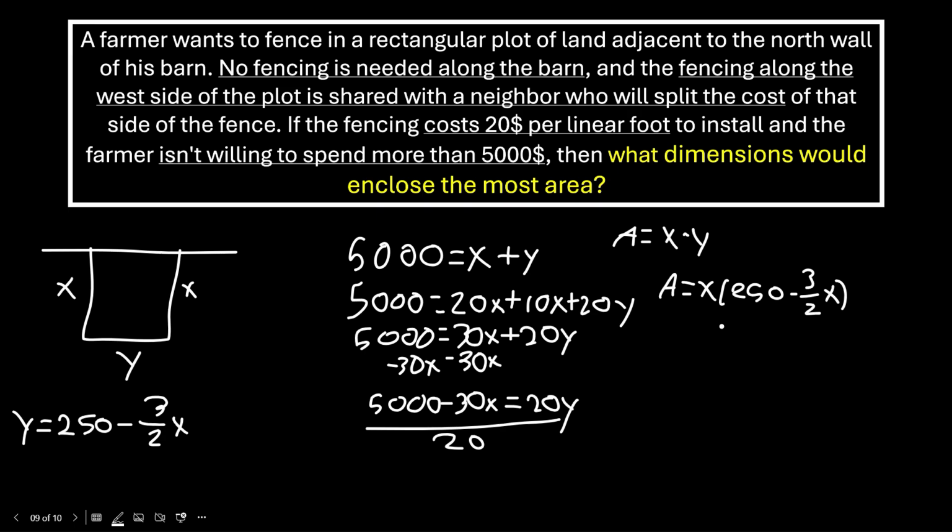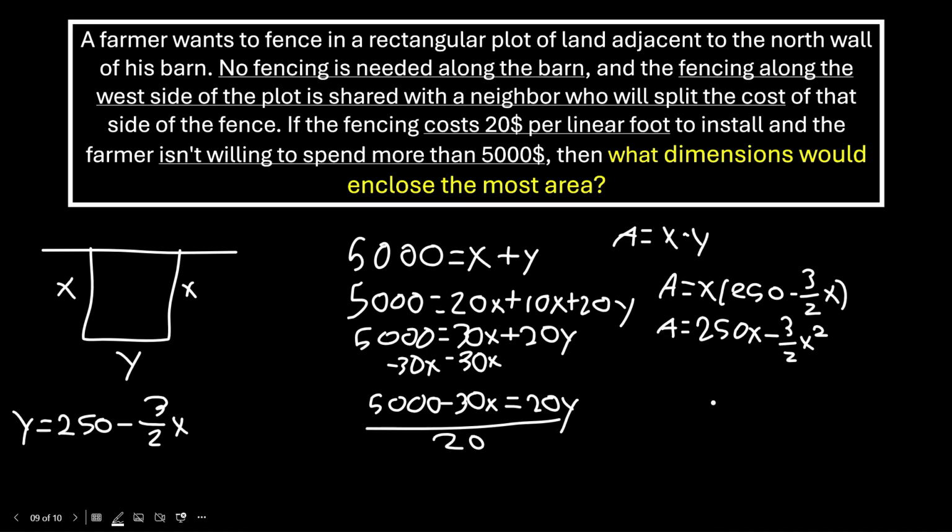And foiling it out should get us A equals 250x minus 3 over 2x squared.